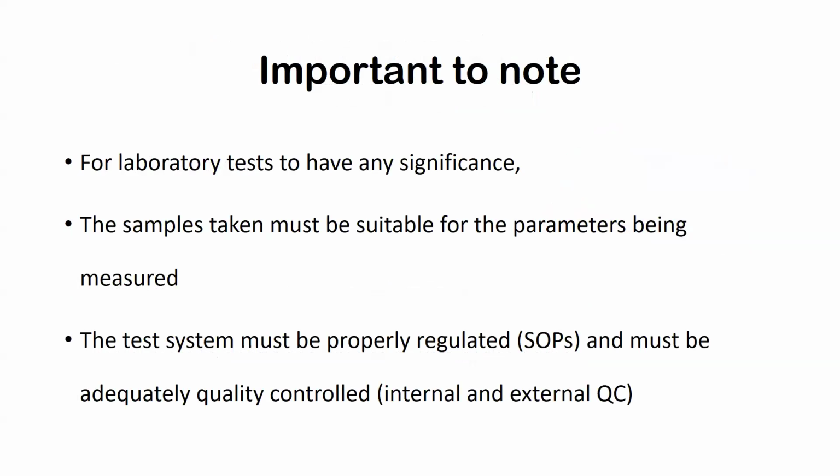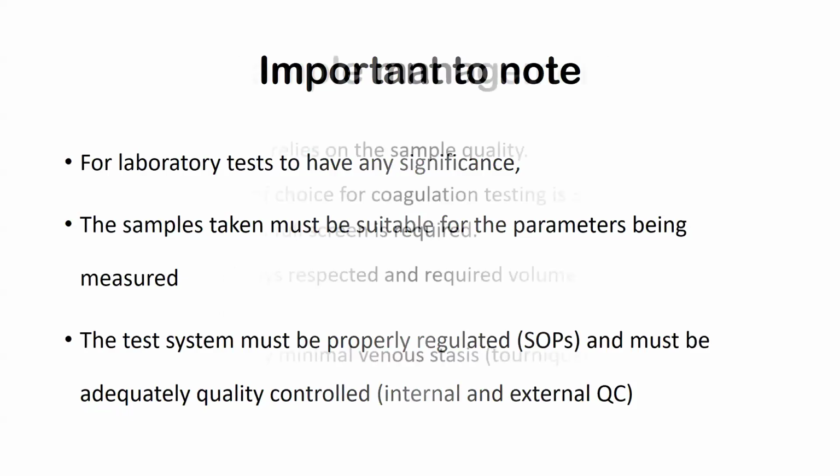Those are the samples that we need. And then also it should come at the right time. The test also should be properly regulated. We need to have standard SOPs as lab technologists, a procedure in place, and all our tests have to be quality controlled, both internal and external QCs have to be adhered to.